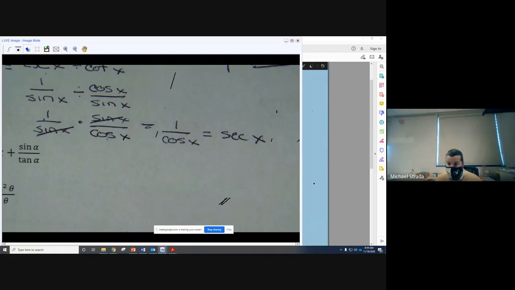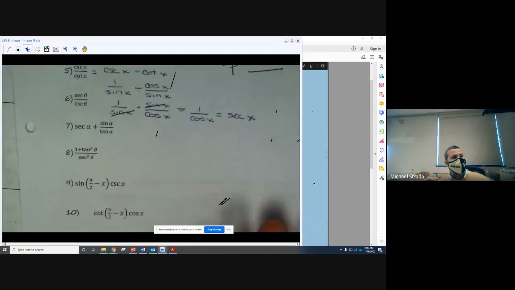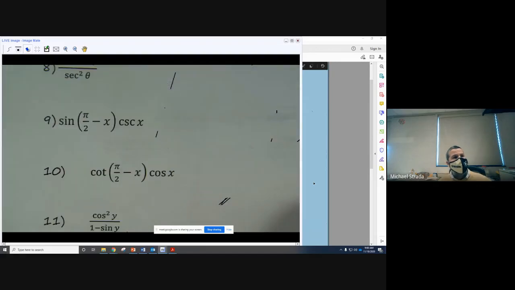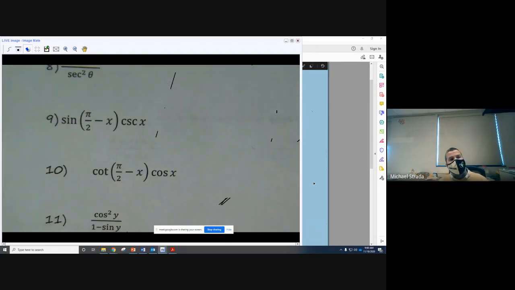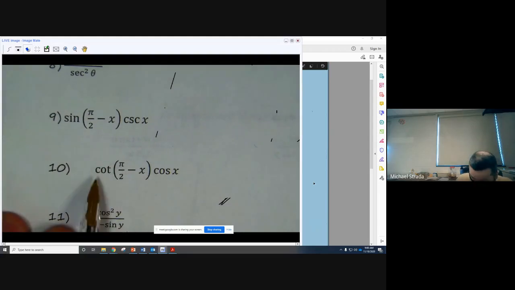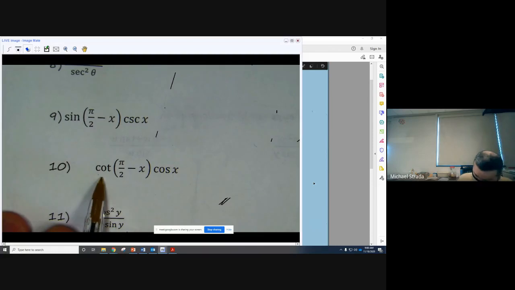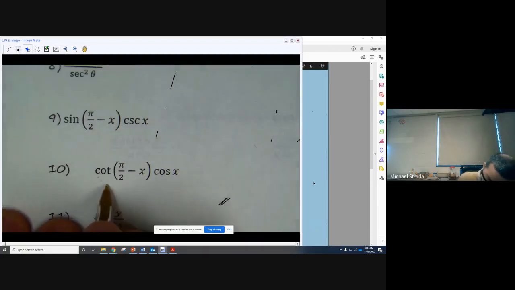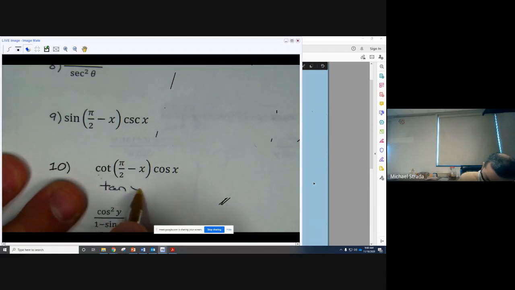All right. Now there's little things we talked about that are involved as well. For example, if you go down to number 2, pi over 2 minus x, that's the cofunctions. So this starts with a co, so with cofunctions we either add or drop it. So if it started with co, we drop it. If we drop co from cotangent, what do we have? Tangent. So this becomes tangent x times cosine x.